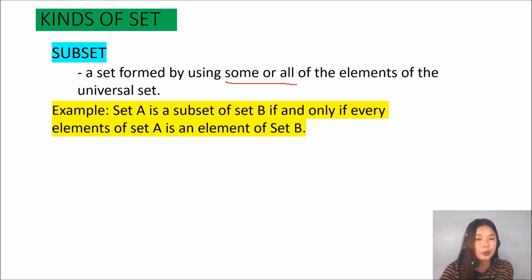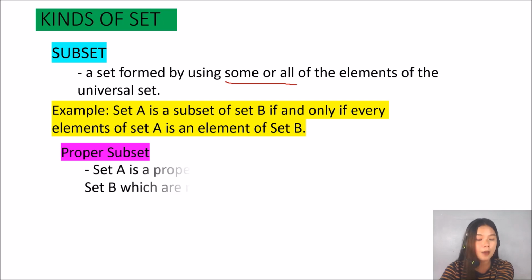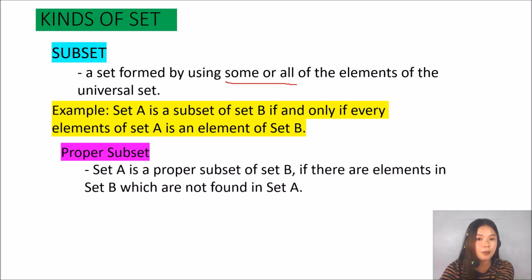So, may dalawa pong type ang subset natin. We have the proper and improper subset. Set A is a proper subset of set B if there are elements in set B which are not found in set A. Pag po proper subset ang dalawang set, ibig sabihin po, may element po sa set B na hindi po nakikita or wala po sa set A. And then we have the improper subset.